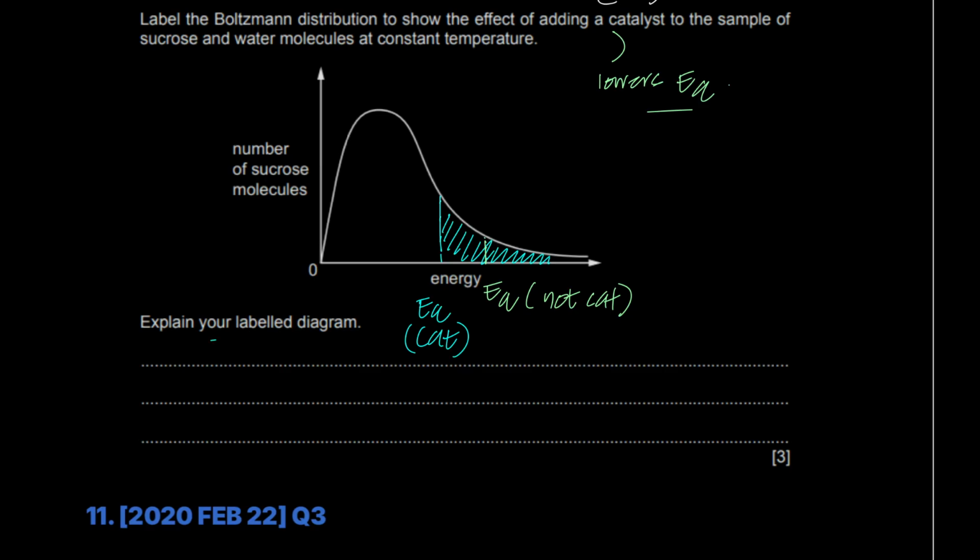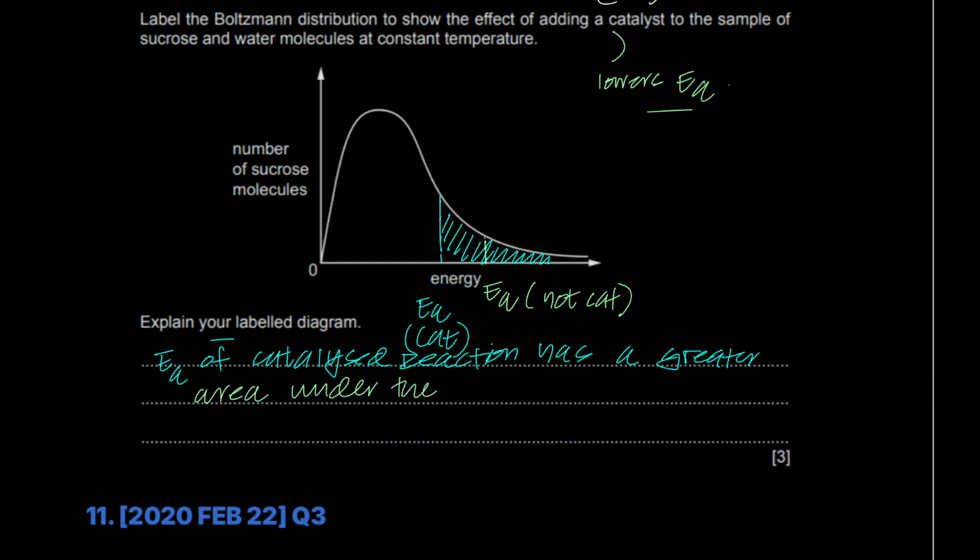So that's what I'm going to explain in my diagram. I'm going to say the EA of the catalyzed reaction has a greater area under the graph.